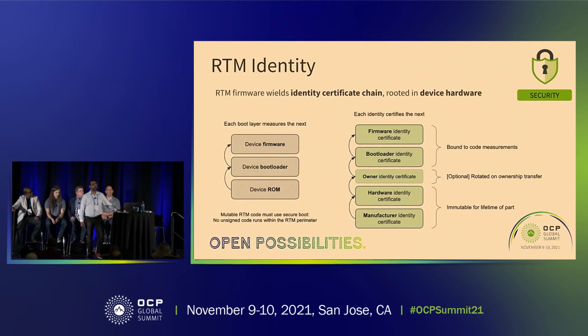Moving on, digging a little bit deeper into establishing the identity of the RTM, we believe that it's important to establish identity by composing together various components of the identity distributed across the supply chain of the device. Typically, the way we would construct a unique immutable identity would take into account the manufacturer as well as the hardware identities, which uniquely identify a part in the supply chain.